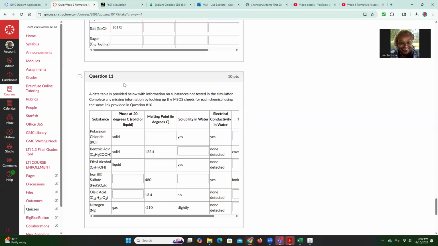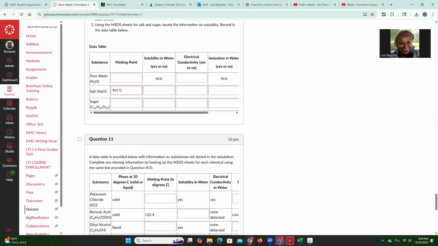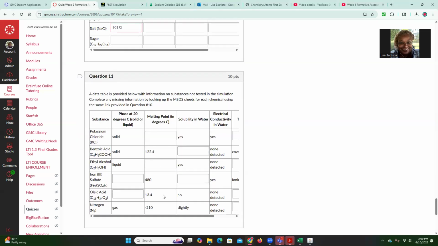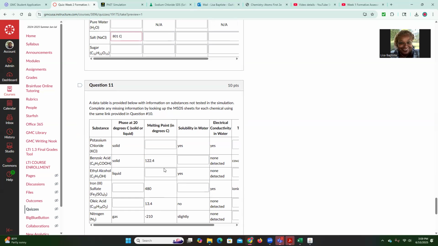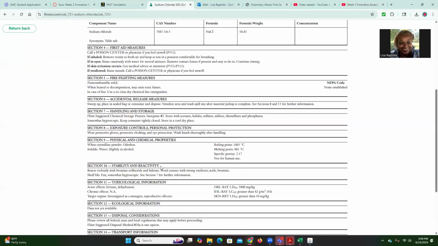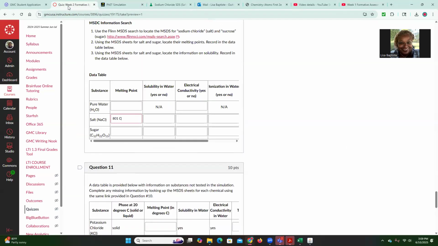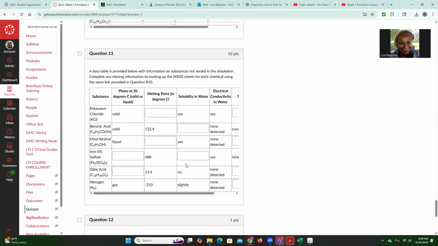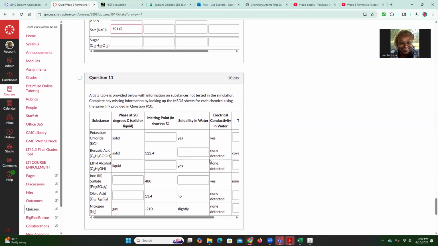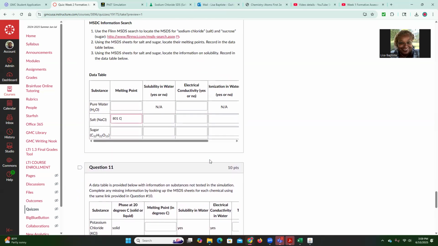And so just like we did for sodium chloride, you're going to do the same thing, okay, for each of these using this MSDS sheet, okay, or SDS. They've changed the name since this was written. All right. And so those, again, you're going to fill in every box that is empty. Okay. So all these empty boxes, you're going to fill it in with the missing information.